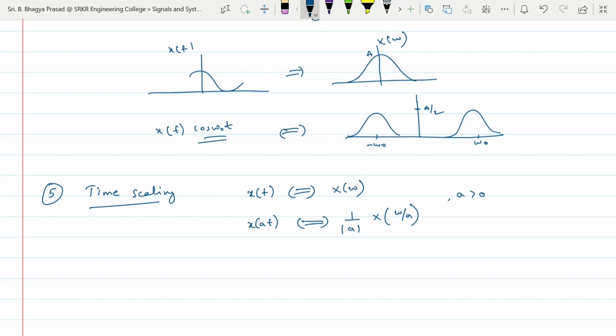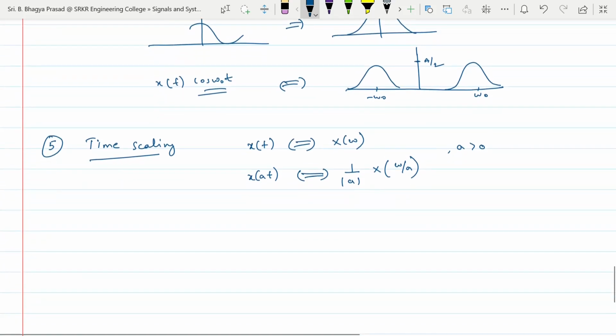If a is less than 0, you will have the negative value, minus 1 by mod a.